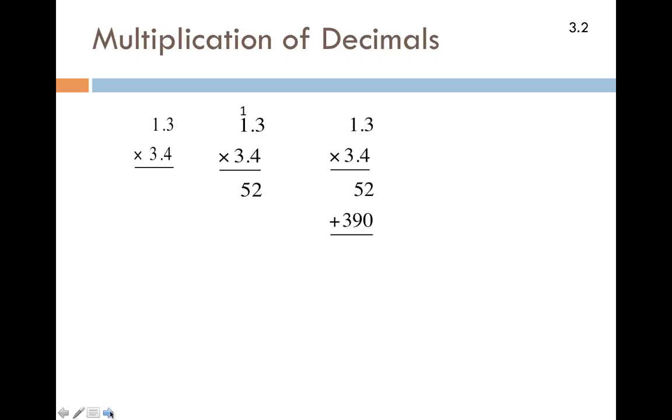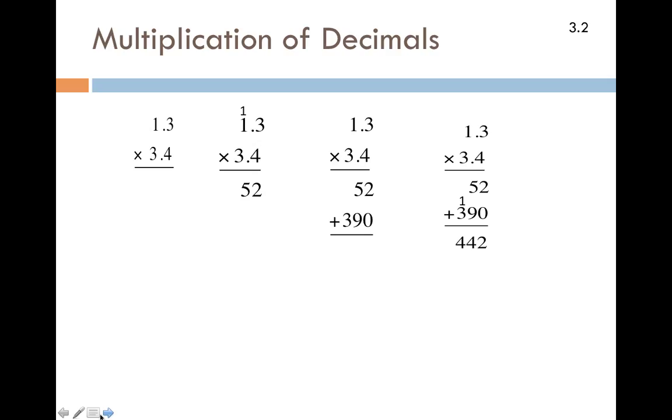And we're multiplying as we normally do. We start with the 4, multiply 4 times 13. That gives us 52. Then we drop a 0, or we could say 30 times 13, and come up with 390. And then we add the numbers up.